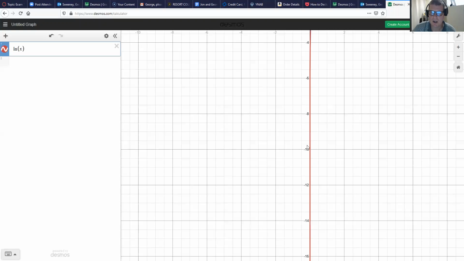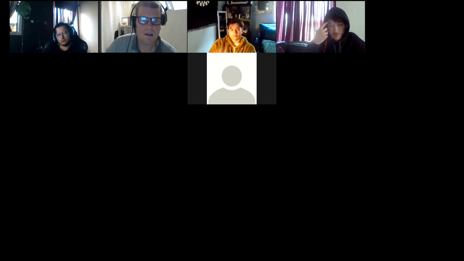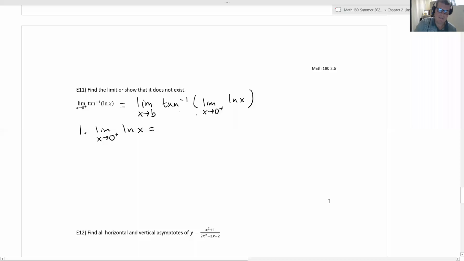It just goes towards negative infinity. So the limit as x approaches 0 from the positive side of natural log of x is negative infinity.